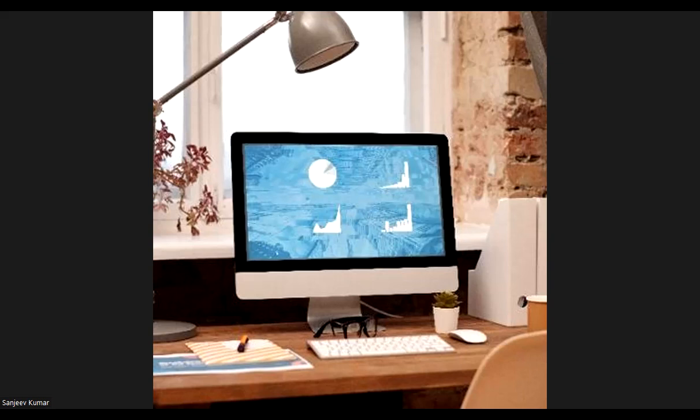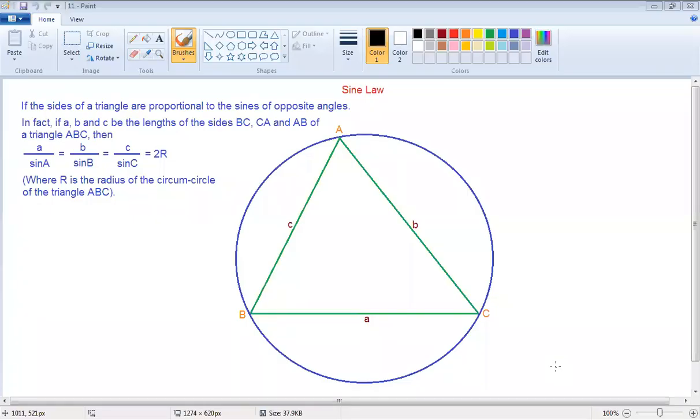Next, I am going to do a very important property of triangles. I am opening the file, now sharing it. Is this visible? Sir, yes.